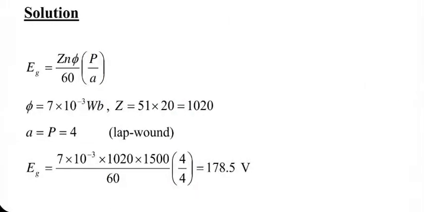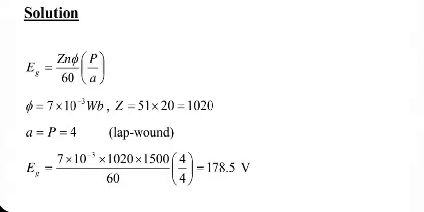Now he's calling it EG. I prefer to call it EB, but the formula is what we know already. Phi ZNP divided by 60A. Z is 51 into 20. Total number of conductors is 1020. Number of parallel paths, capital A. He is calling it small a. I call it capital A in my notes.